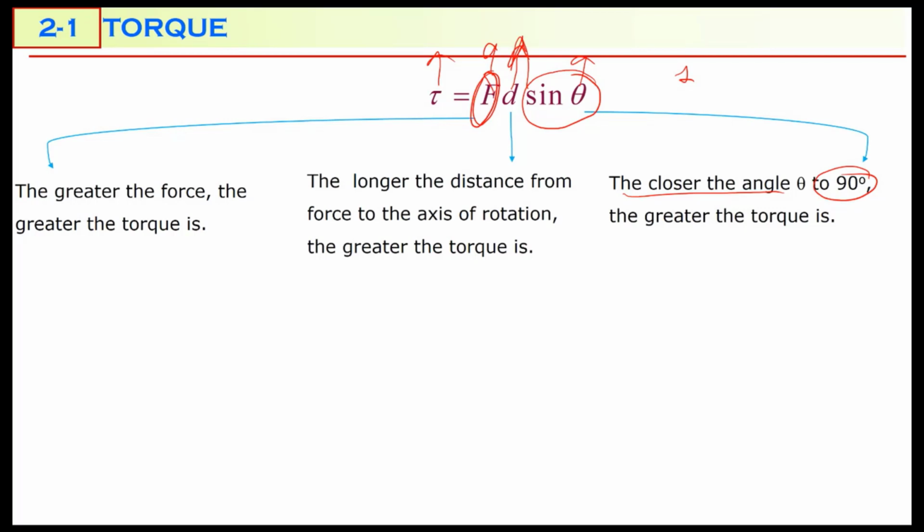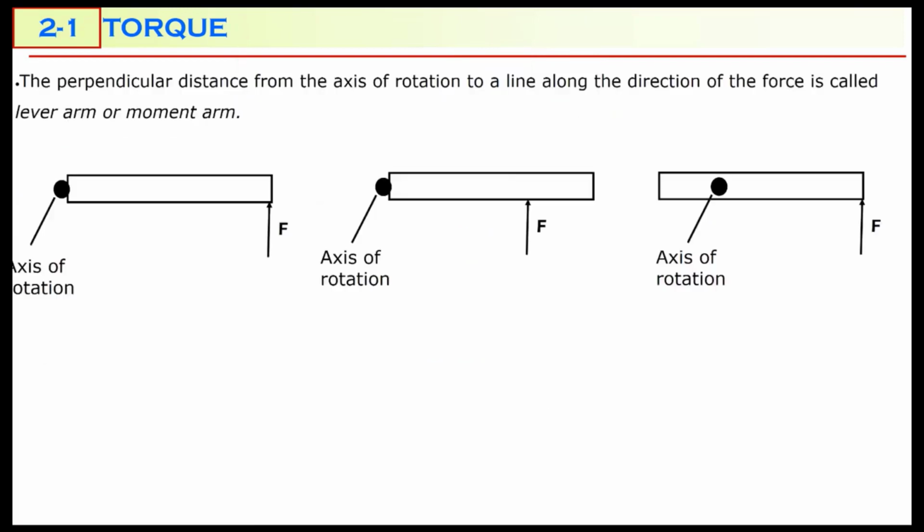Teacher, yes, please. But that angle, I mean angle theta, can never be 90 though, right? Why not? Because we can't have two right angles in a triangle. Okay, tell me, this is the distance from the force to the axis of rotation. How much is this angle? 90.